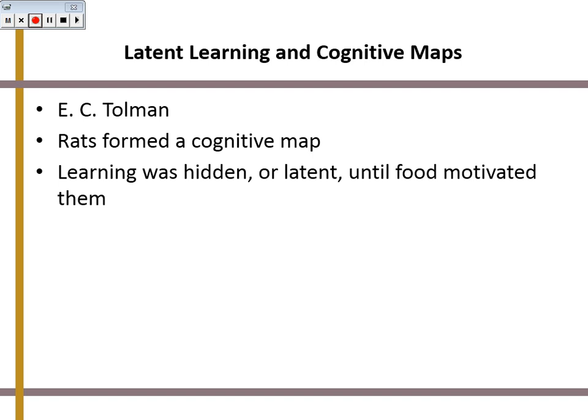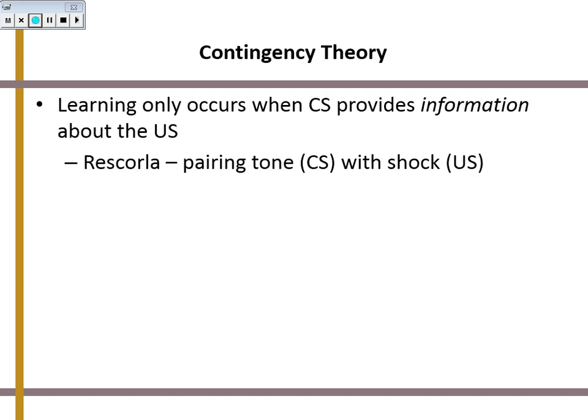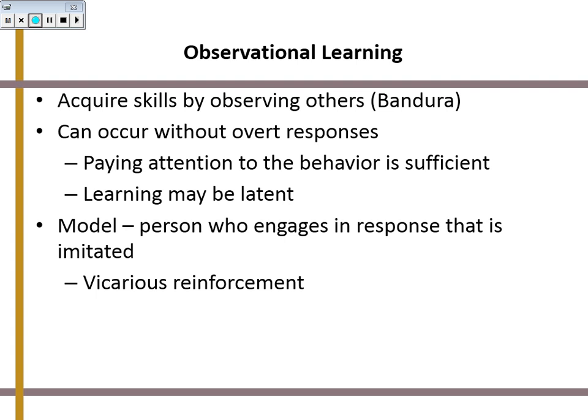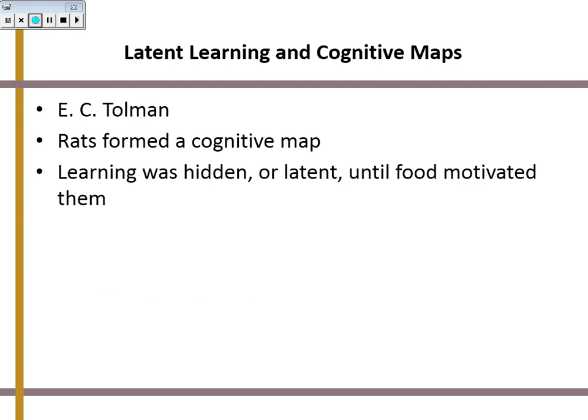Now, move it forward, and we're going to do latent learning. Latent learning is when you learn something but don't use it till a later time, till it has the greatest reward for you.